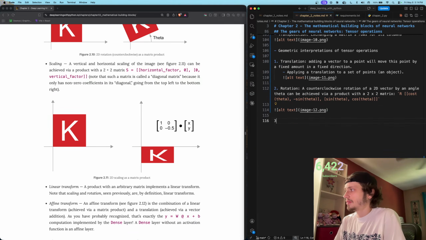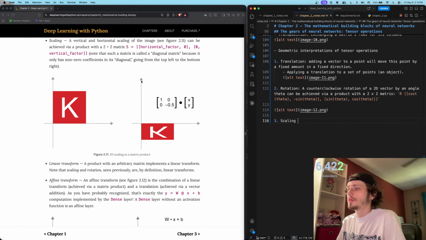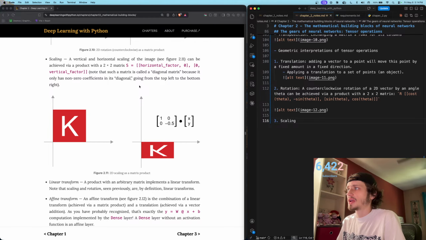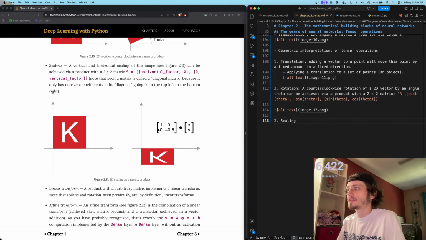Number 3, scaling. So scaling in or out, like size, with a horizontal factor and a vertical factor for scale. A horizontal scaling can be achieved via this.